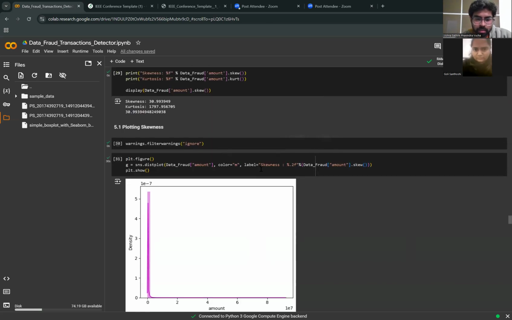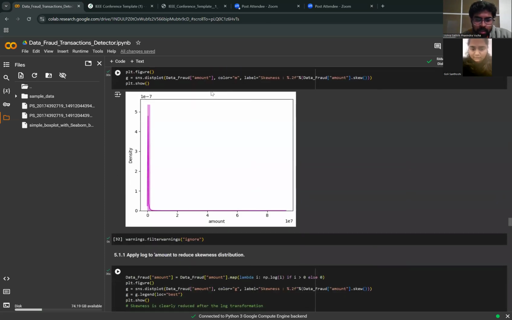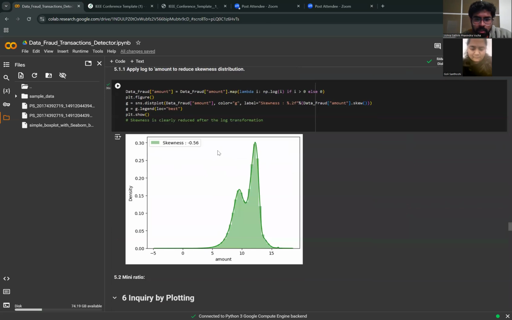It analyzes the skewness and kurtosis of the transaction amounts. We gain insights into the distribution of the amount and identify asymmetrical patterns in the data. It creates a histogram to visualize the distribution of the transaction amounts, and it also calculates the skewness of the distribution.